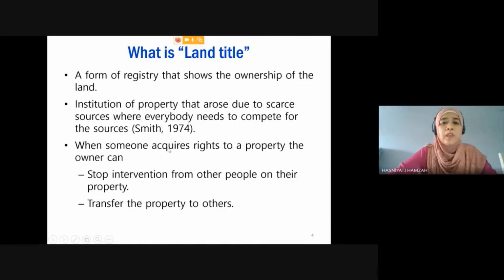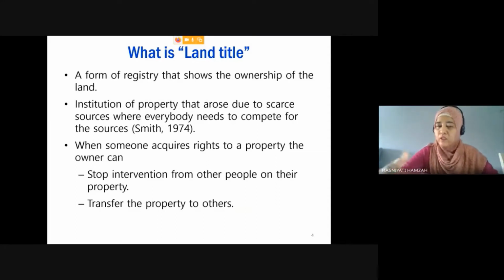Now, when someone acquires rights to a property, the owner can stop intervention from other people on their property, and also the owner can transfer the property to others. So 2 things. Once the owner's name is on the title, he has the exclusive use and enjoyment of the property. That means he can exclude other people from enjoying his property.